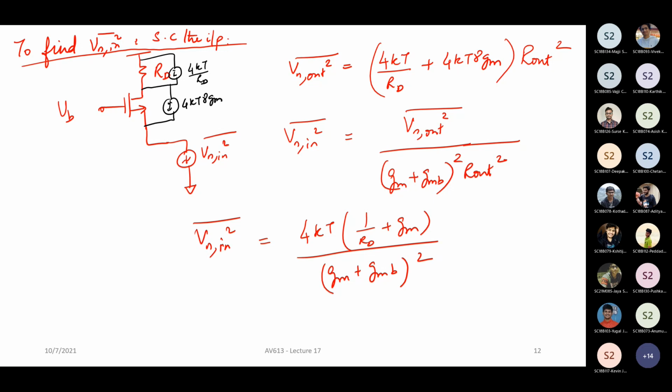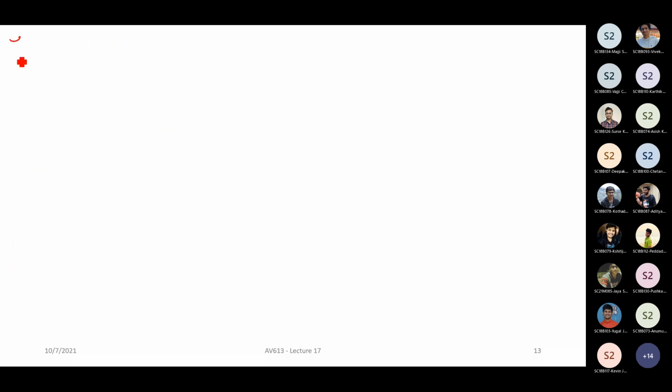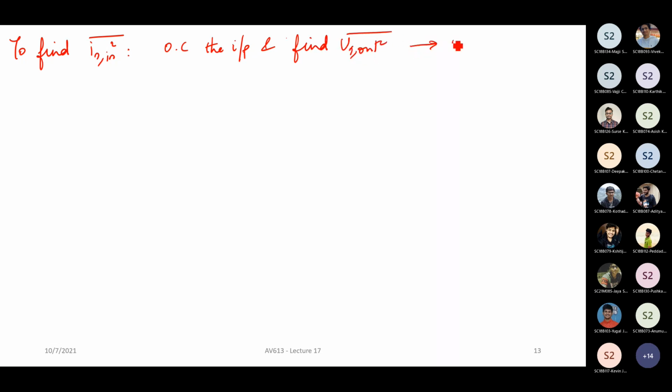All right. Now let us try to compute the In in squared bar. So what do we do to find In in squared bar? We need to open circuit the input and find, let's say, Vn out squared bar, and then finally find In in squared bar.